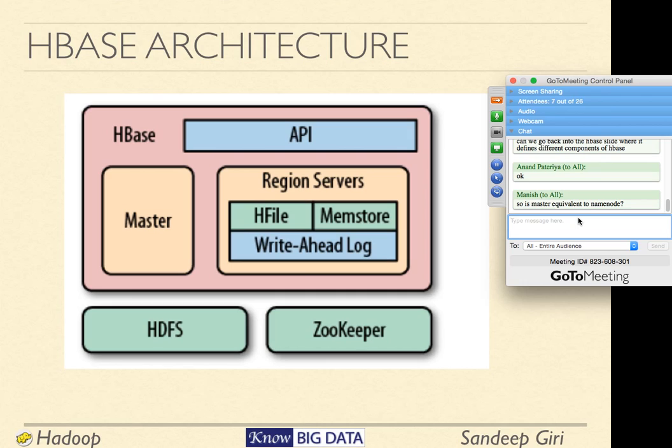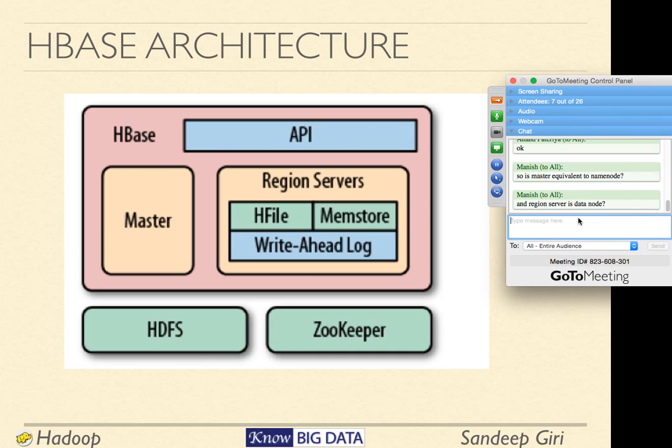The way there was job tracker equivalent to the name node, similarly we have master which is equivalent to the name node. Right. So region servers look like data nodes, but essentially each individual region server is nothing but somebody who is storing the file.